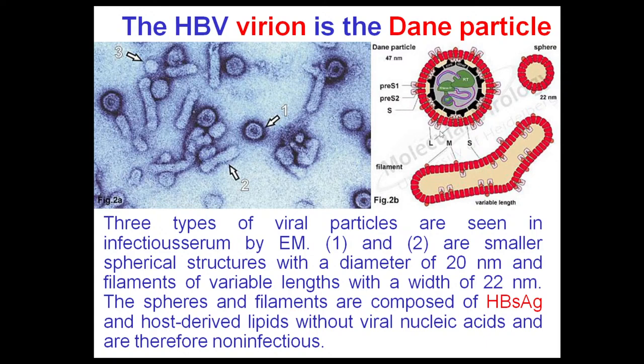The only true virion, called the Dane particle, is infectious because it contains the genome, polymerase with reverse transcriptase activity, core, and surface glycoprotein, so all elements that are needed to perform replication in the host cell.